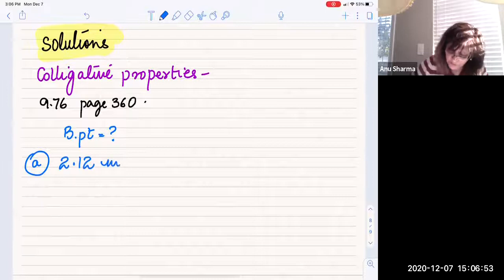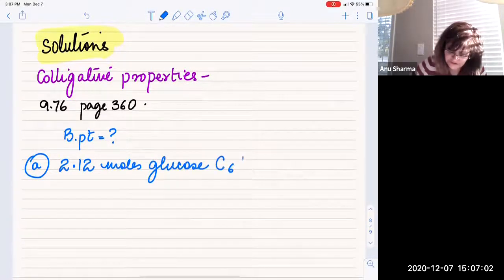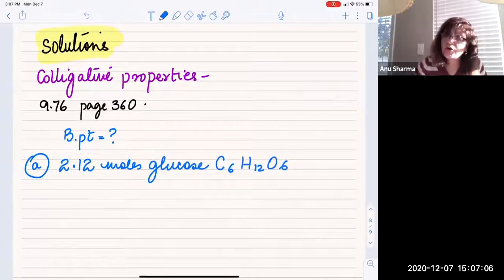2.12 moles of glucose. Now, we will give you glucose, but we will also give you the formula for glucose, which is C6H12O6. Okay, a non-electrolyte.